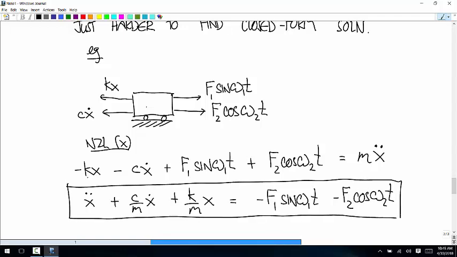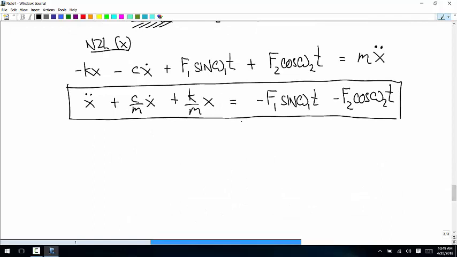And that's a lot more complicated system, but it wasn't really any harder to come up with this governing ordinary differential equation. The issue is just nothing you learn in differential equations tells you how to solve that problem.